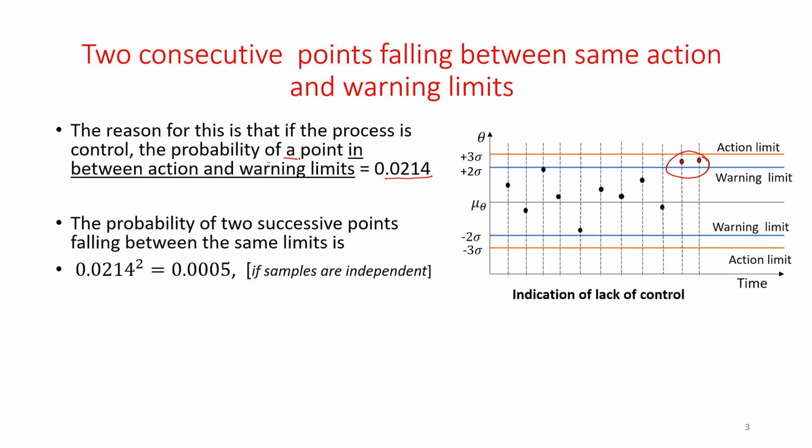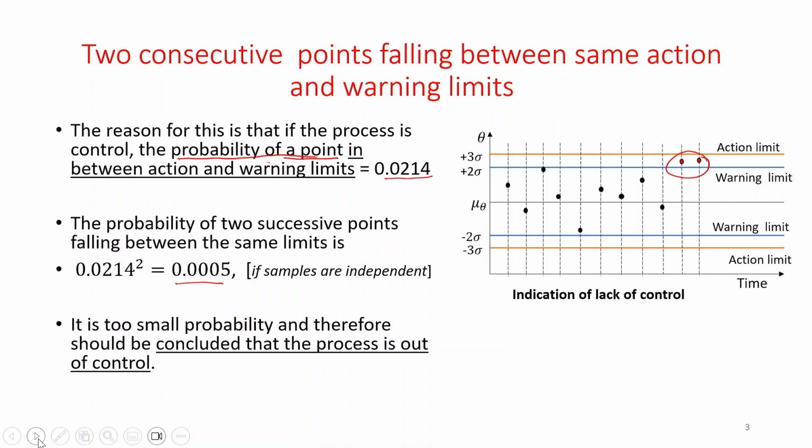This is the probability of point A. But the next point is also to be in between these two limits, which is again 0.0214. So two successive points falling is going to be 0.0214 into 0.0214, that is going to be 0.0005, provided the samples are independently drawn.